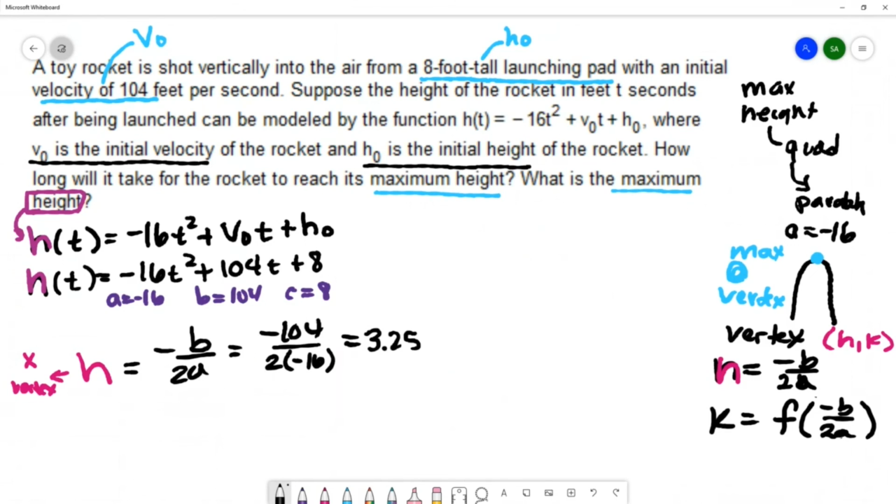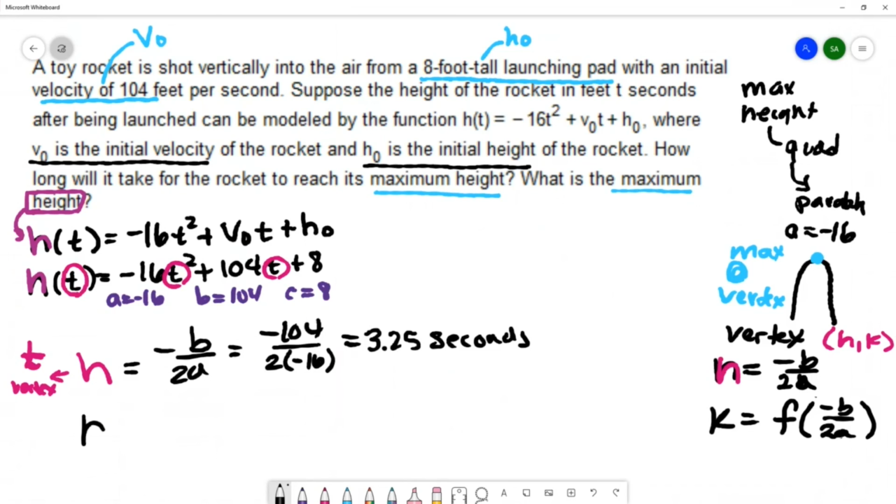And I said that this is the x-coordinate of the vertex, but I misspoke a little bit because we're not using an x in our equation. We're using t. So this is really the t part of our vertex, representing time. So we have 3.25 seconds. So once we have the x part, the t part, then we can find the y part.